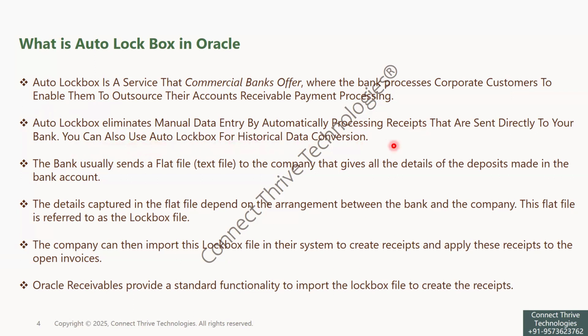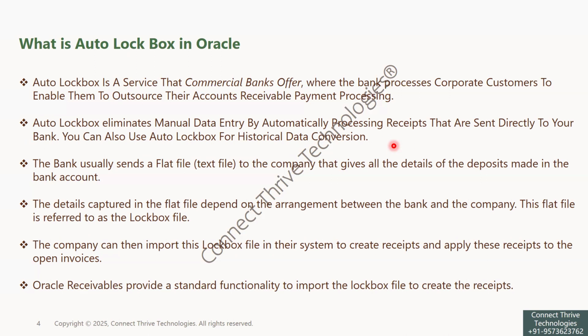So here, what is the use of Autolockbox? It will eliminate the manual data entry. Earlier, at the end of the day or end of the week, they would collect the bank statement or deposits file from the banker. Based on that reference number, the customer will put the open invoice number or a customer name.